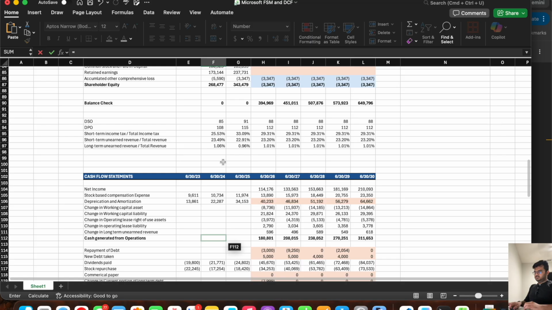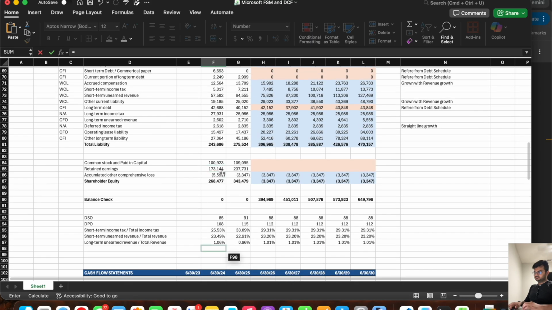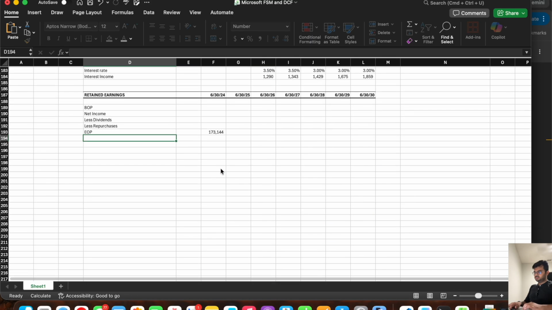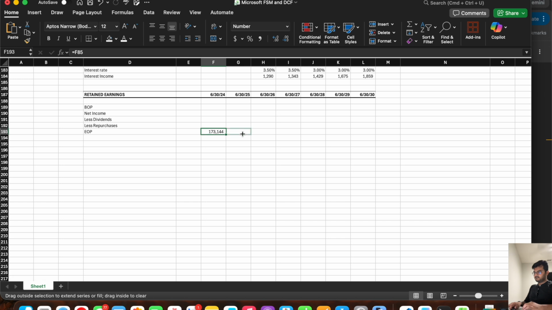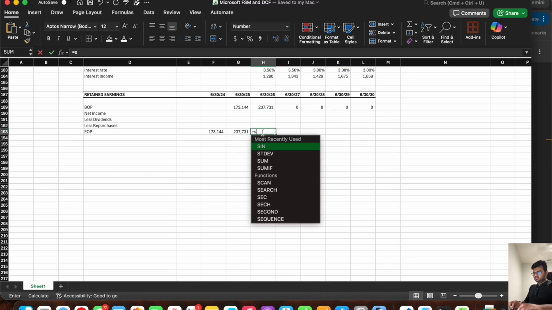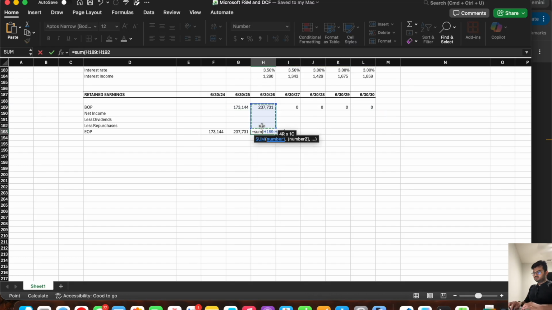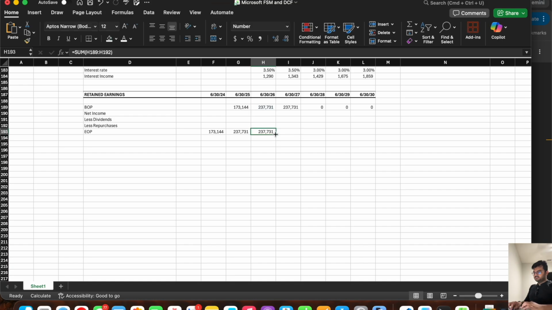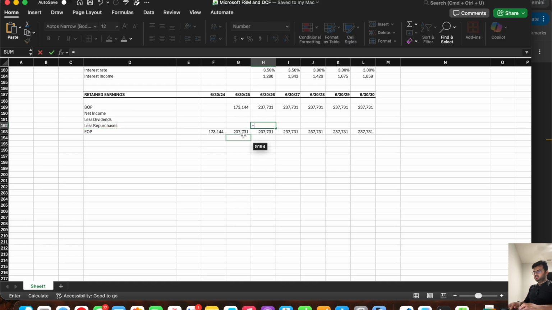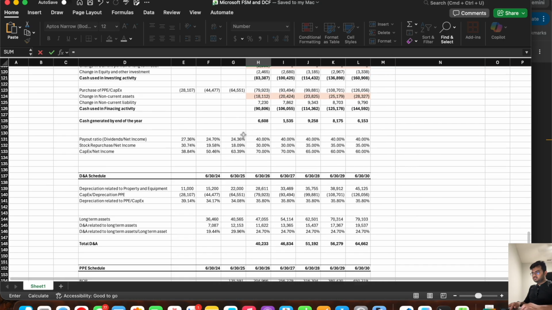So the retained earnings is this number, and then the beginning of period value is this number. Then this is going to be nothing but the summation of all these. We already know the net income, dividends and repurchase. It is just going to be linking the numbers, so it's going to be real quick, nothing much.